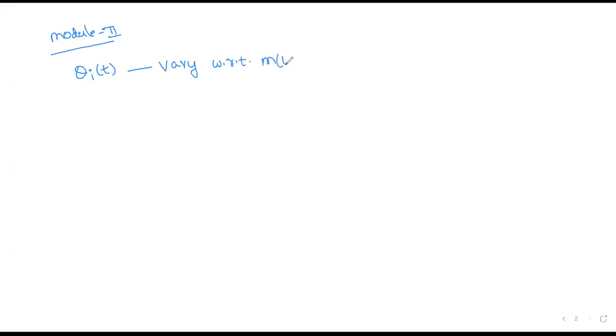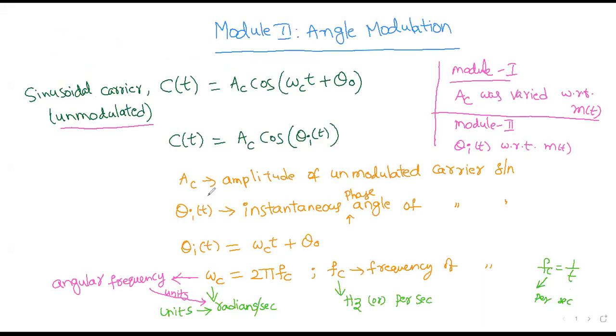By the way, what is m(t)? m(t) is the message signal. Now, if you just go back to the previous slide, what is theta_i(t)?